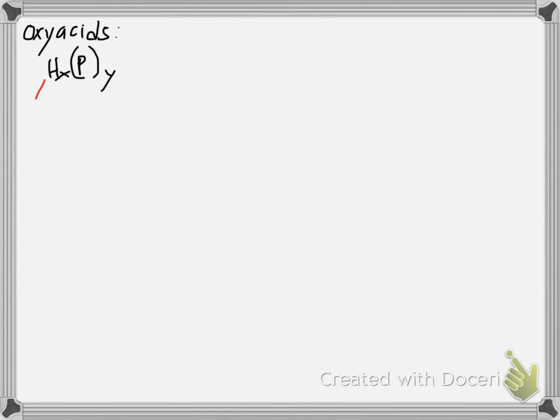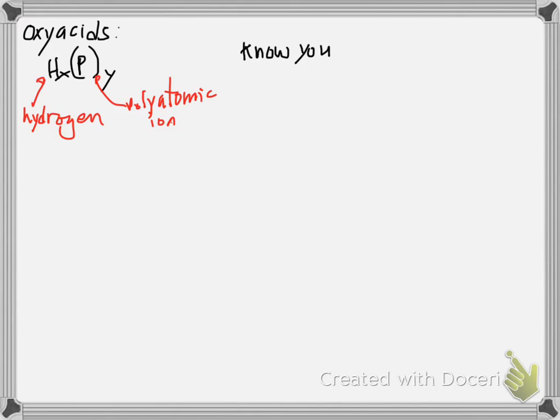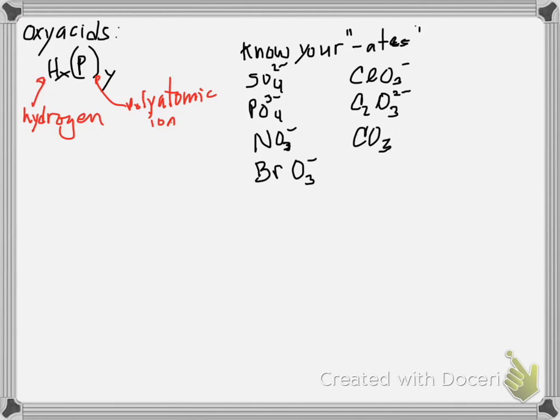Okay, let's look at oxyacids. Oxyacids basically have a polyatomic ion with oxygen in it. The general form is something like H, some subscript, and then a polyatomic ion and some quantity of that. One of the keys is you have to know your -ates, and I'm listing them out here.